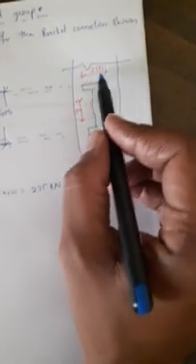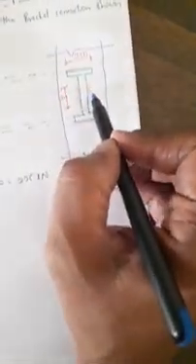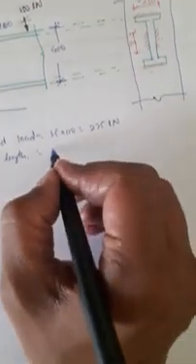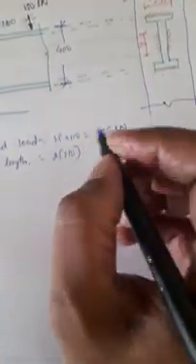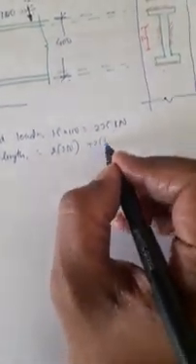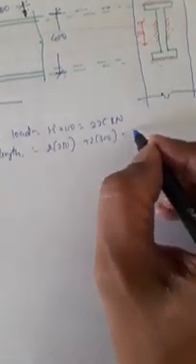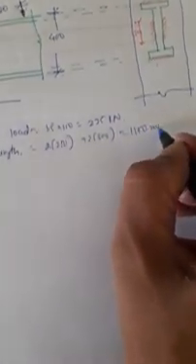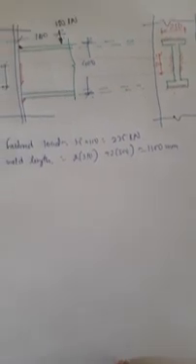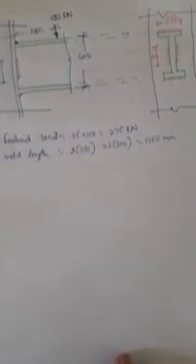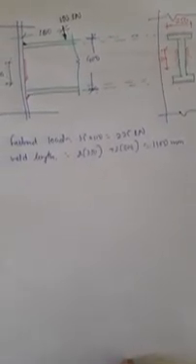Total weld length will be 250 plus 250, 500, plus 300 plus 300. That is 2 into 250 plus 2 into 300, 1100 mm.